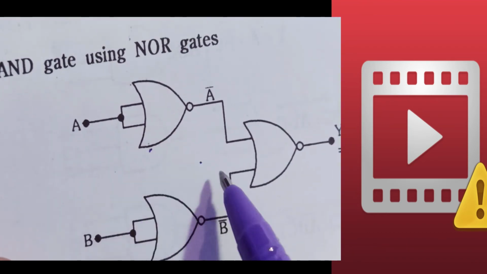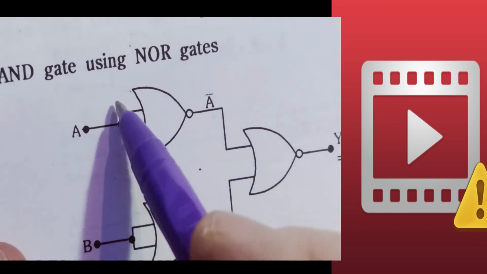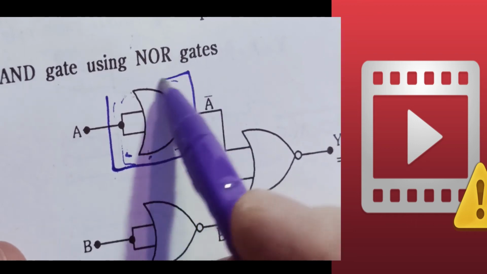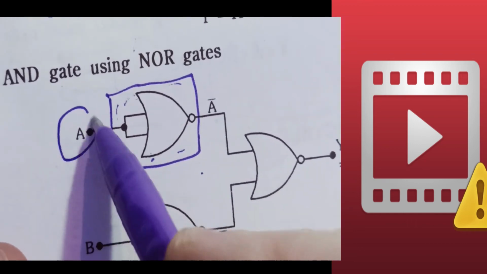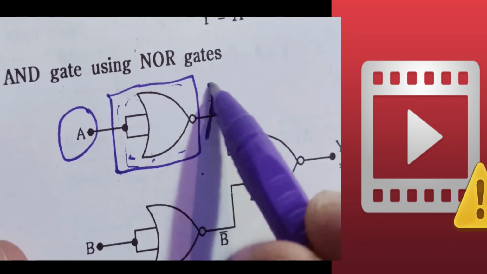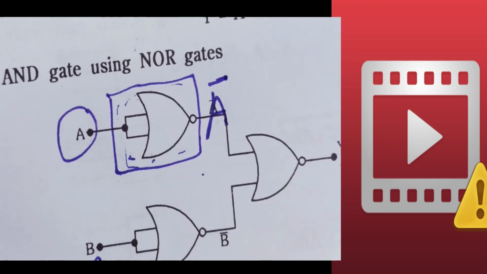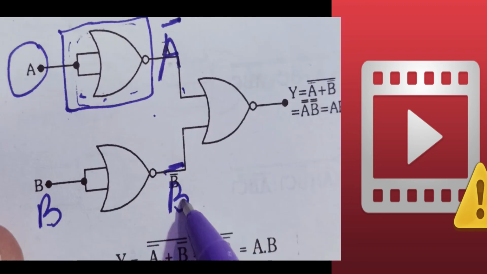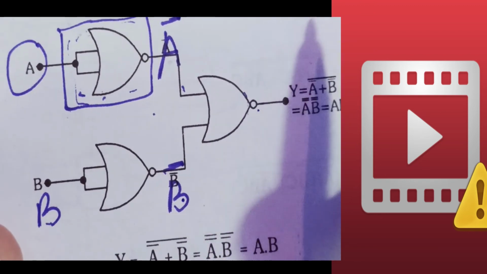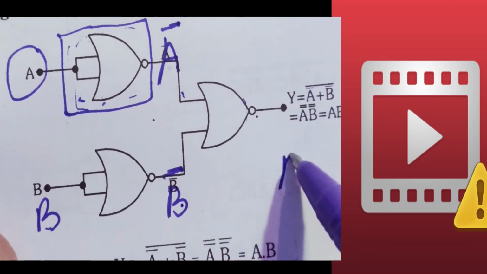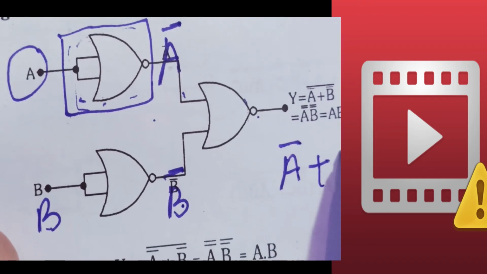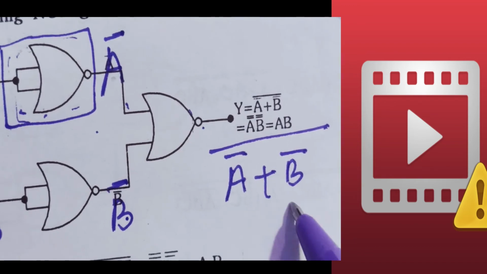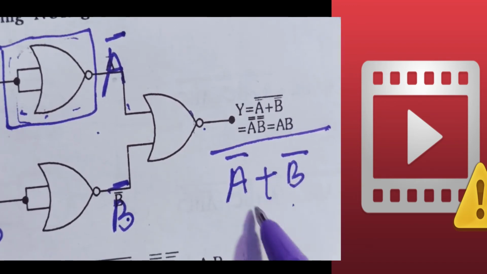Now lastly here, this is basically a NOT gate. So A becomes A bar, B becomes B bar. So A bar, B bar into the NOR gate. The NOR gate becomes A bar plus B bar, with a whole bar over it.